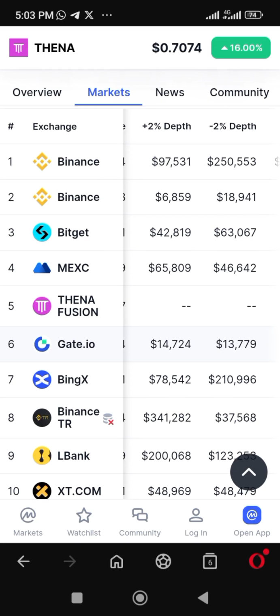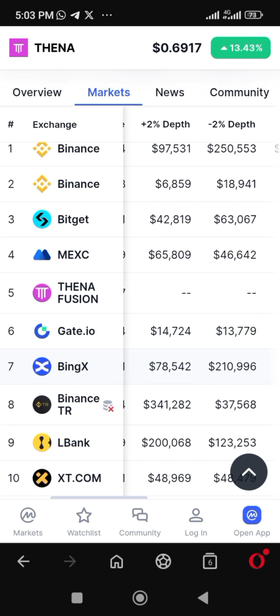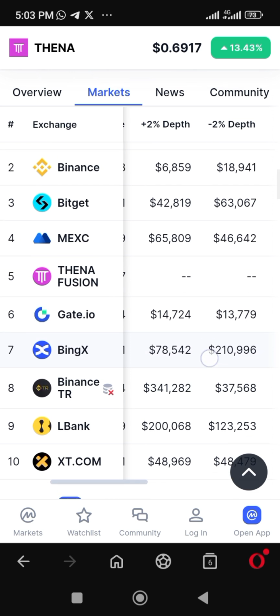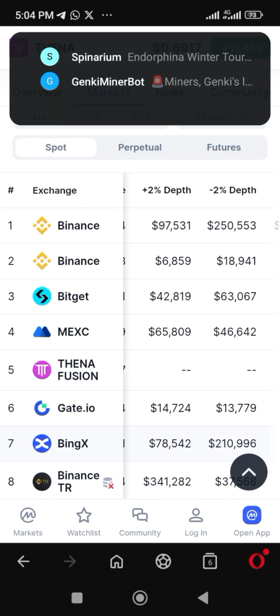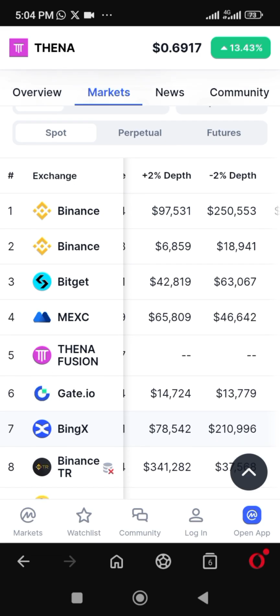Number three, it means stronger buying support and less chance of a price drop. If minus 2% depth is greater than plus 2% depth, it means that the price of a coin is going to go up and will not easily drop, since buyers are in control.